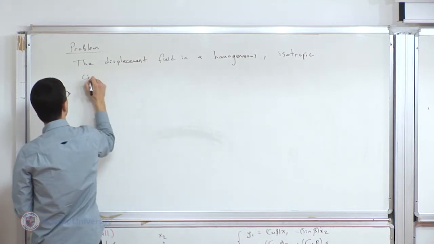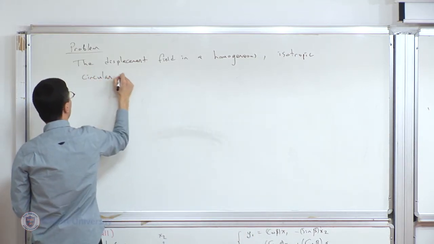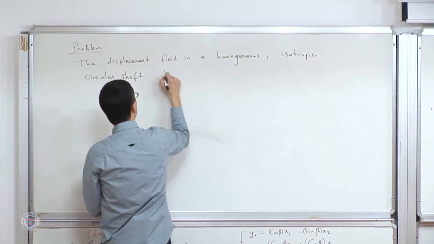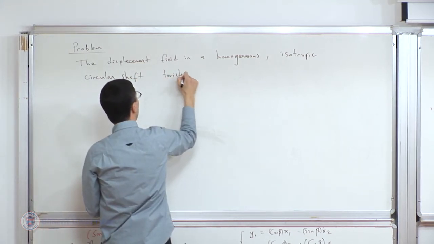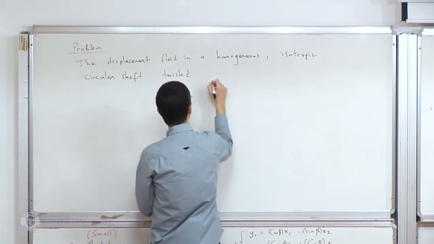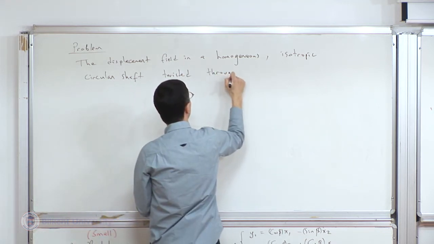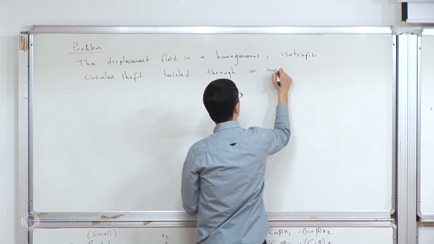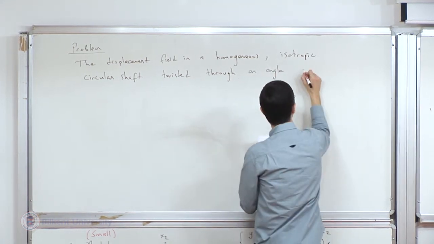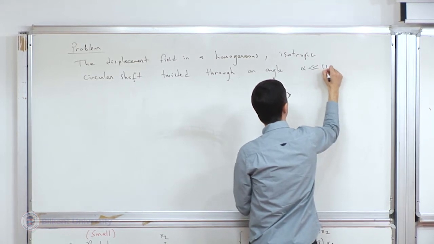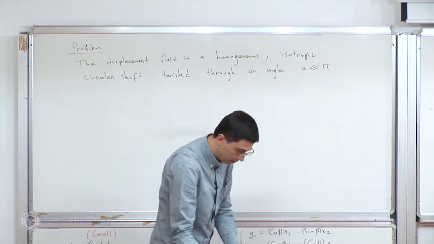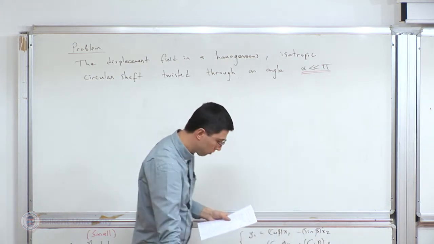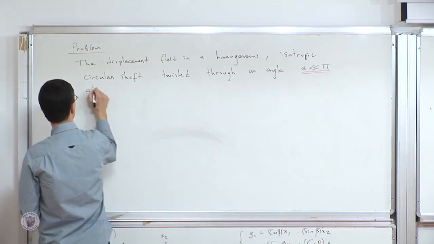Circular shaft, that's the geometry. And we take a circular shaft and we twist one end through an angle while we keep the other end fixed. And the angle of twist is alpha. And I'm going to assume that this alpha is small so that eventually we have small displacements.